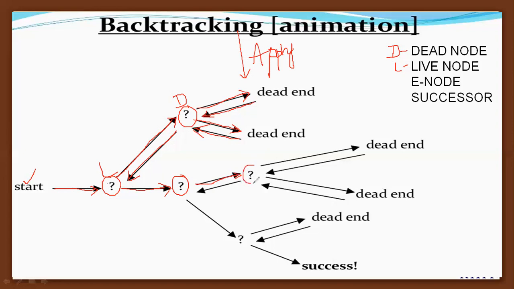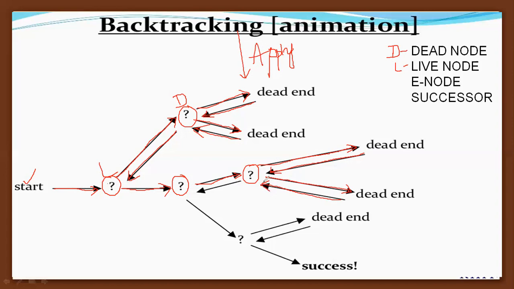One more node is found, but no solution. Then again, moving forward to here, I reach the dead node. Once I reach the dead node, I apply the backtracking technique, moving back to this node. Then going forward, again I reach a dead node, and again apply backtracking.